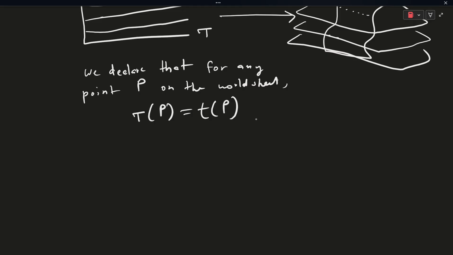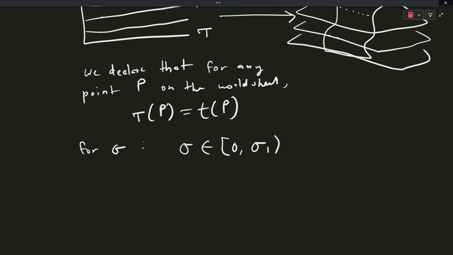So in this static gauge, we have chosen a restriction for tau, but how about for sigma? What are the restrictions for sigma? We're not really going to touch sigma much, but we do know that for an open string, sigma would be restricted to 0 and some sigma 1, essentially.